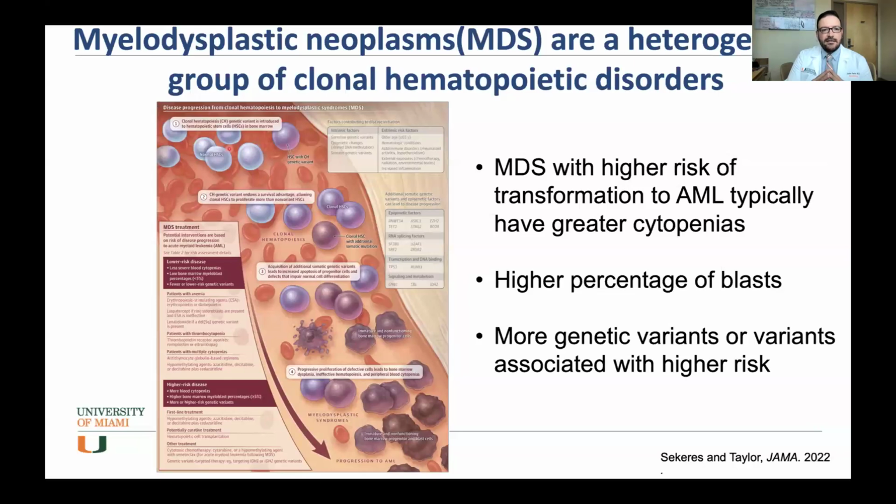You can have patients at various stages. So as opposed to, say, AML, where we still think of AML as different subgroups, however, AML outcomes are quite similar amongst AML as opposed to MDS, where you can have patients with broadly different outcomes.